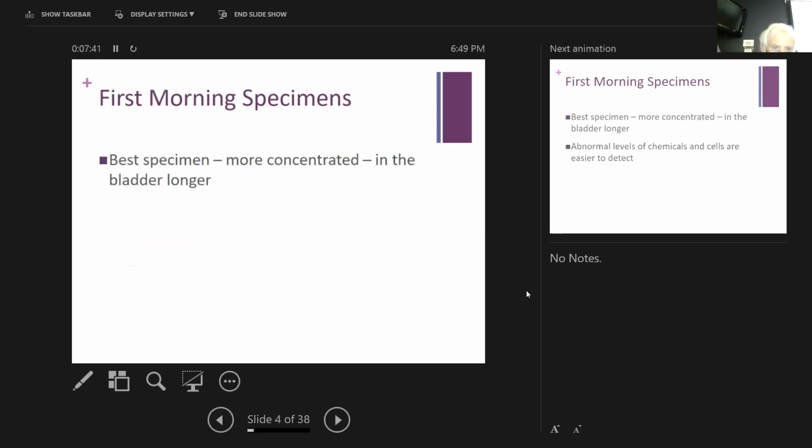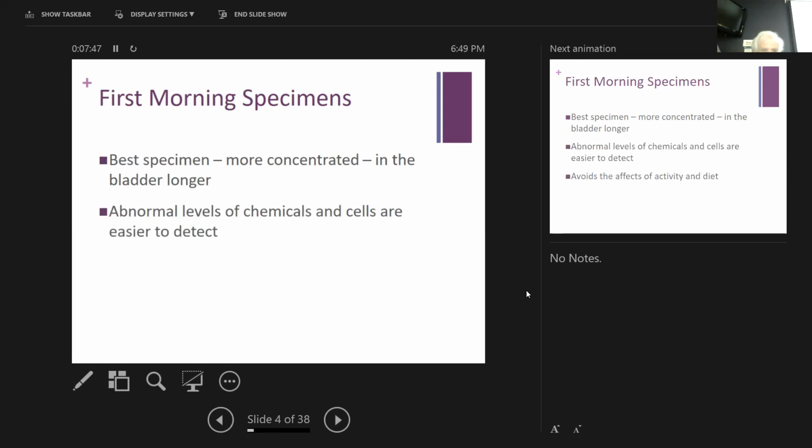So the first morning specimen is the best for a lot of tests. It allows us to see abnormal levels of cells and chemicals and all sorts of other things that might be confusing to the test or might be there that we need to see.